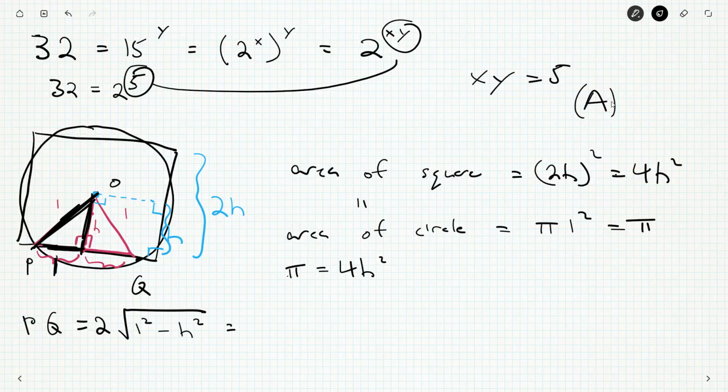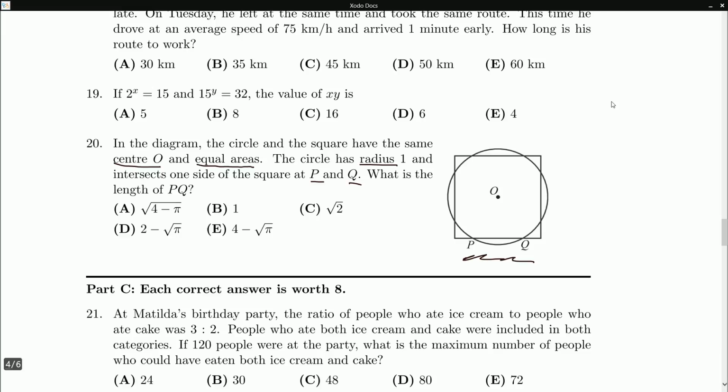So I don't actually need h, I just need h squared. That's going to be pi by 4, so I'll get 2 root 1 minus pi by 4. Okay, got a nice exact answer.